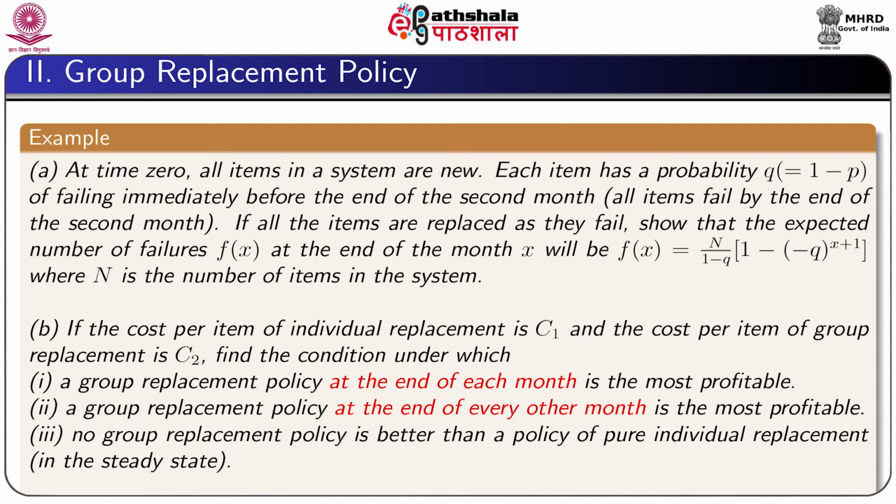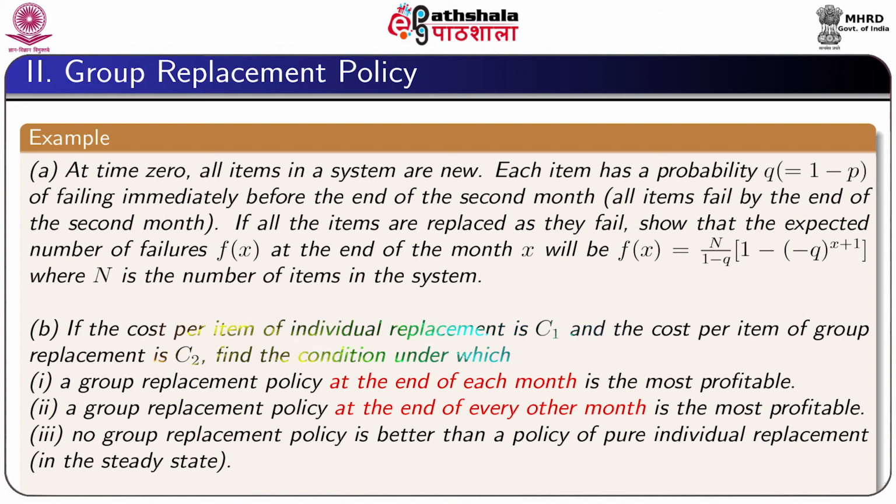If all the items are replaced as they fail, then the expected number of failures f_x at the end of month x can be obtained as f_x equal to n by (1 minus q) whole into (1 minus q) whole to the power x plus 1, where n is the number of items in the system.